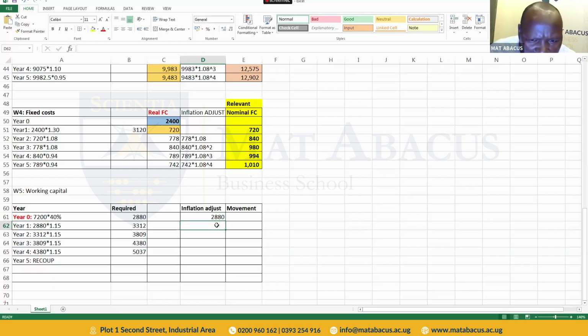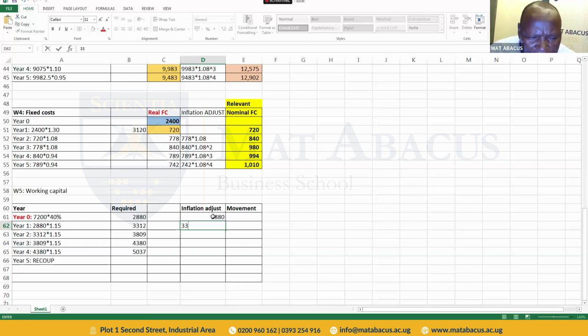And therefore the figure for year 2 will remain, because inflation starts in year 2.